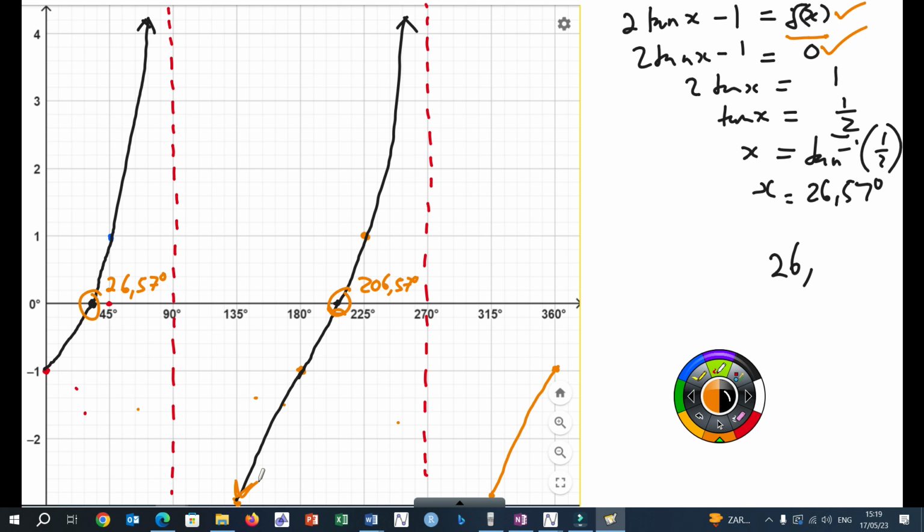So let's write the properties and then we can go after that. Your amplitude is undefined. If the question asks you for the amplitude, then you don't have to answer the question.